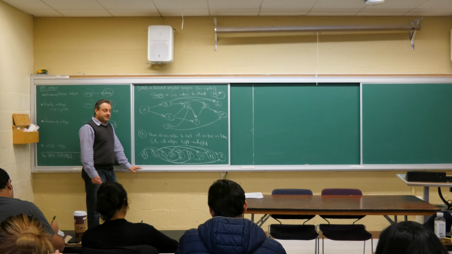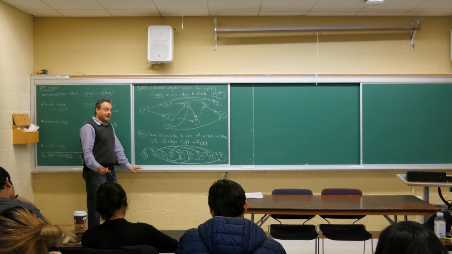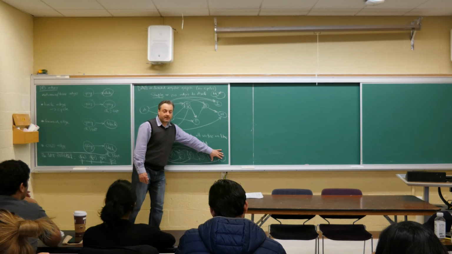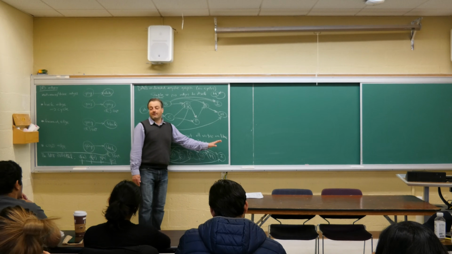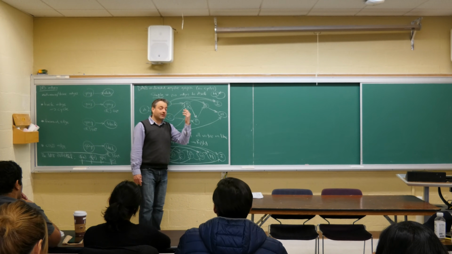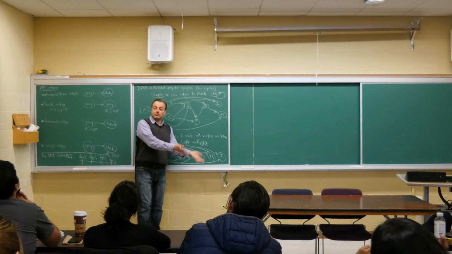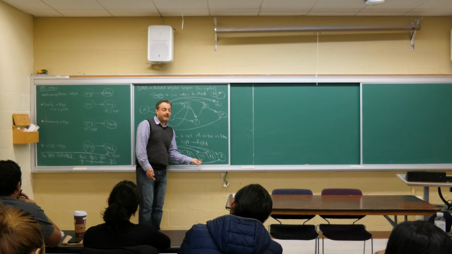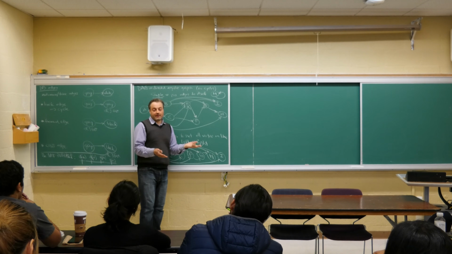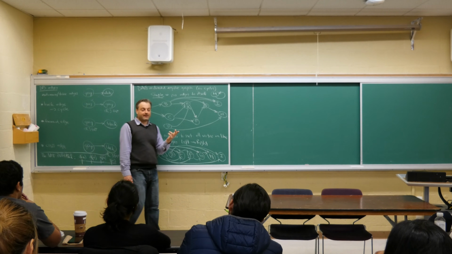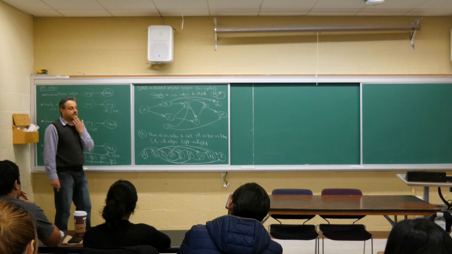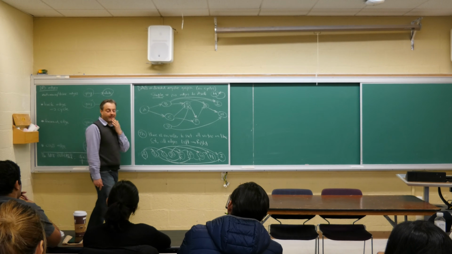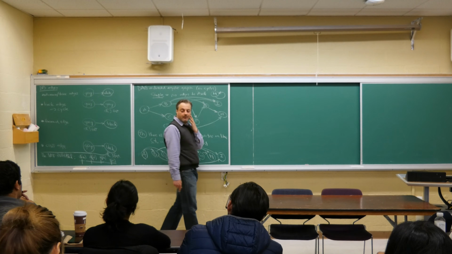Find the nodes that have no outgoing edges other than the ones I already put on the right side. Initially I have H and I, and I have to find all the nodes that have no outgoing edges other than to H and I. I found G, I put G there, and then I find all the nodes that have no outgoing edges other than to G, H, and I. How long would that take? What is N?